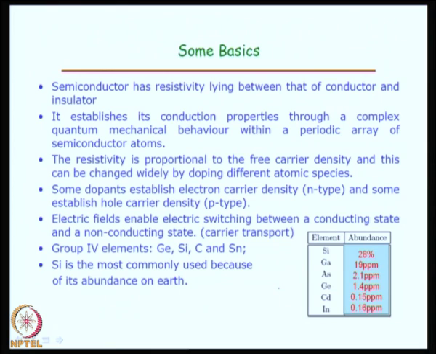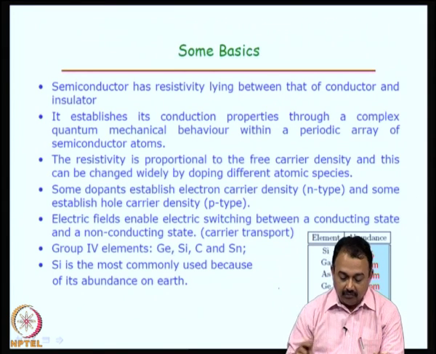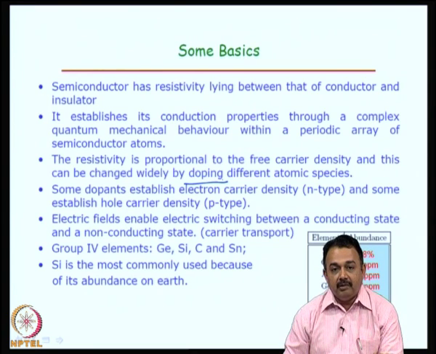It establishes its conduction properties through complex quantum mechanical behavior with a periodic array of semiconductor atoms. Now, the resistivity is proportional to free carrier density, and this can be changed widely by doping different atomic species. So, doping becomes a very important process.